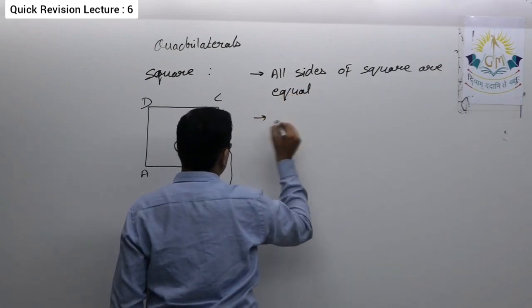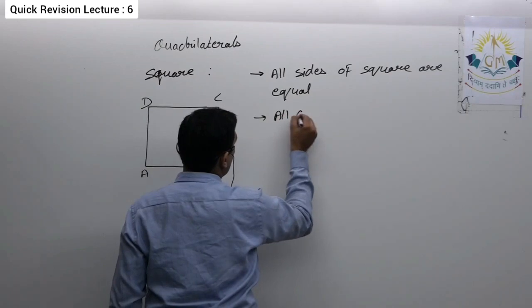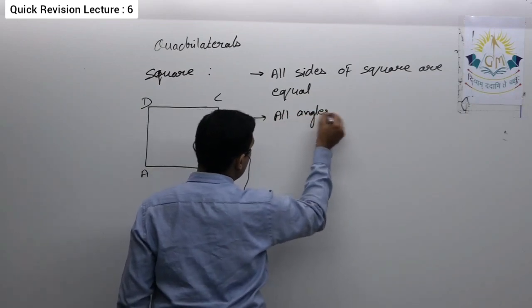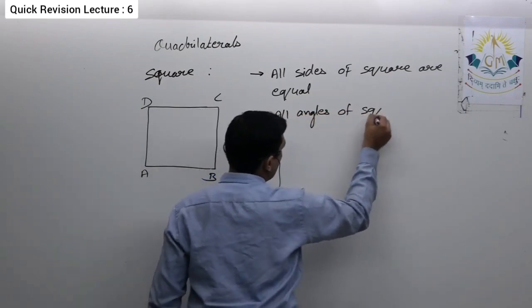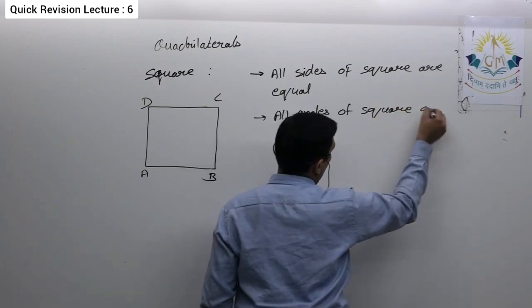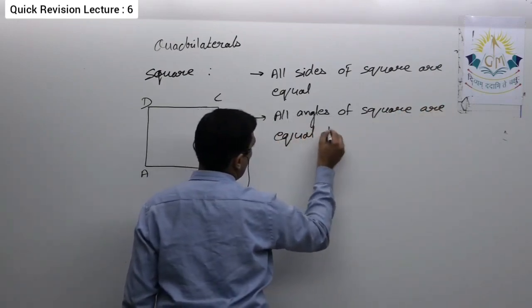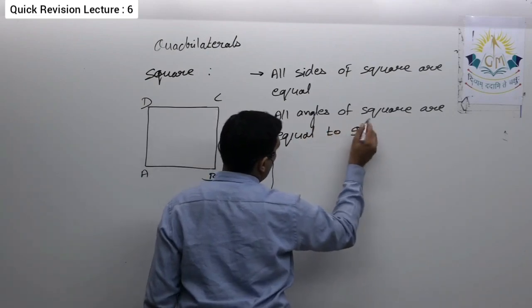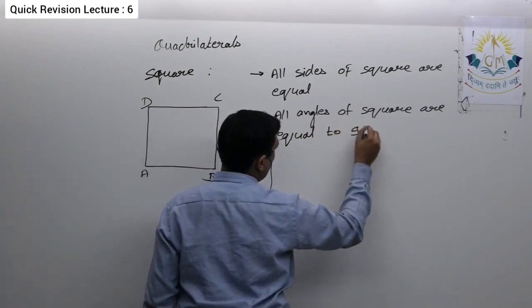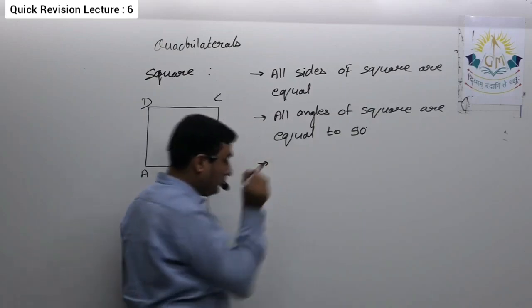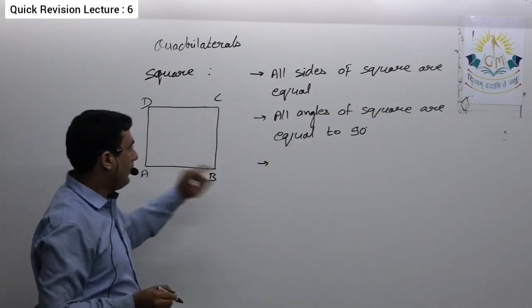Then all angles of a square are equal to 90 degrees.